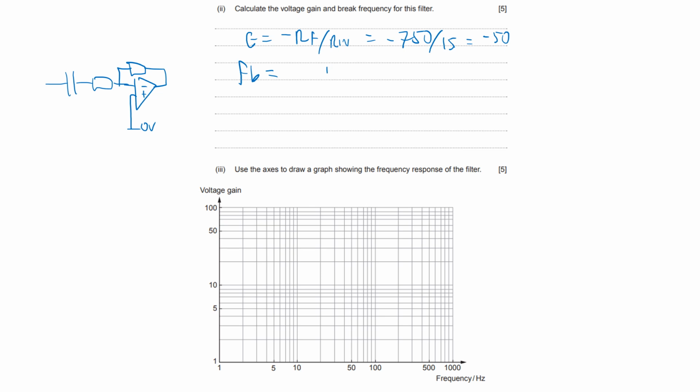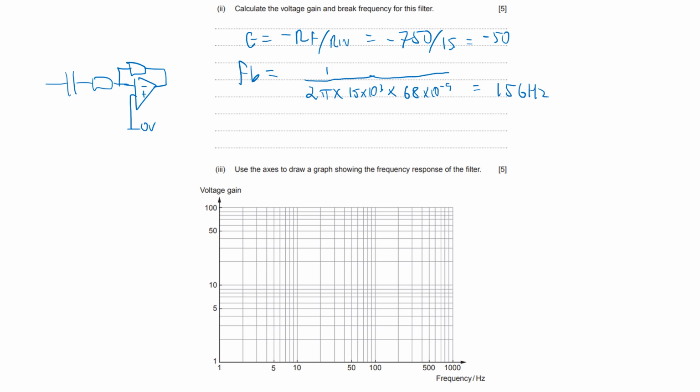So 1 over 2 pi times 15 times 10 to the 3 times the capacitor value, which looks on this to be 68 times 10 to the minus 9, which looks to be 156.